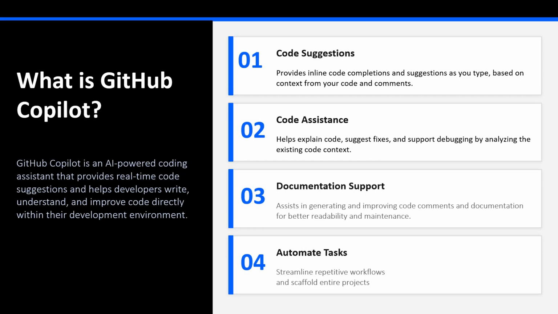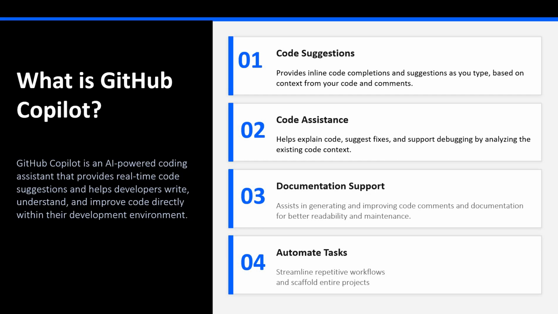I'm sure you all might have heard about Copilot only, or maybe GitHub only. But this product is named GitHub Copilot, a combination of both, right? It is mainly used as an AI powered coding assistant that can provide you real-time code suggestions and help developers write, understand, and improve code directly within their development environment. So let's say you are utilizing VS Code for your development.